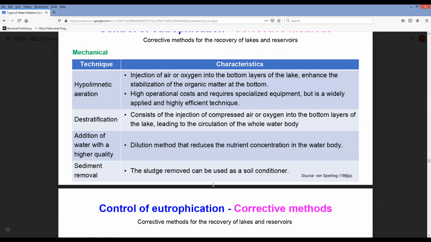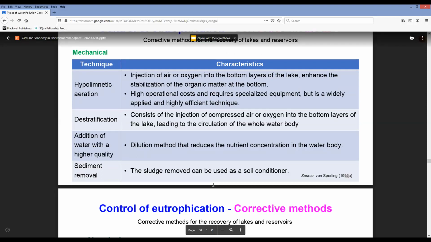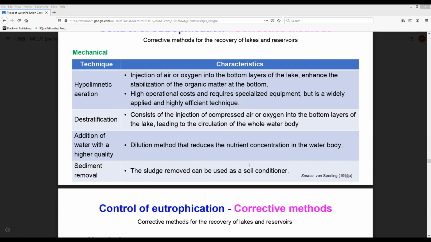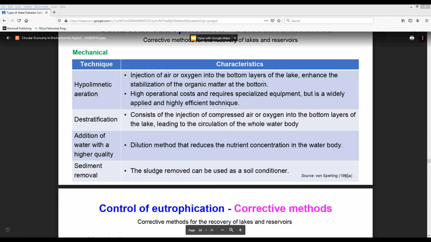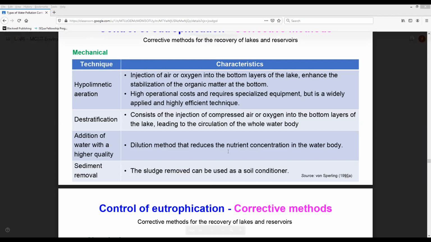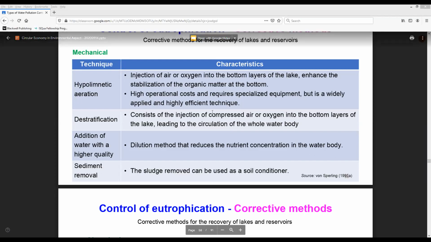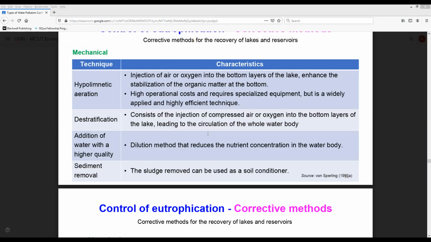This is a kind of dilution: when the lake is already contaminated, they put more clean water into the lake to dilute it. The next one is sediment removal, which means they try to remove the soil and sediment at the bottom of the lake. Okay, and then the next, please.